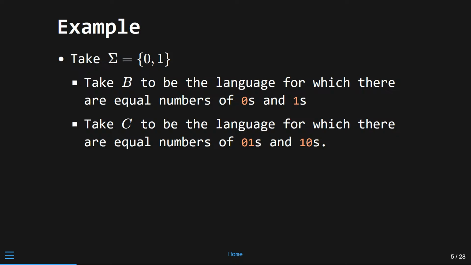Here's another one. Here's C. C is the language for which there are equal numbers of 0, 1, and 1, 0. This is kind of goofy, because that thing's not in C. And this thing is, right? And that feels a little weird to me, right?